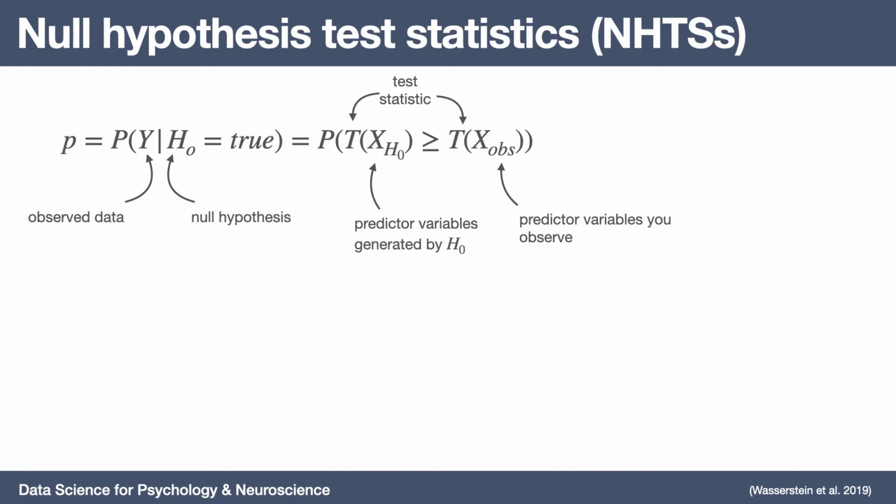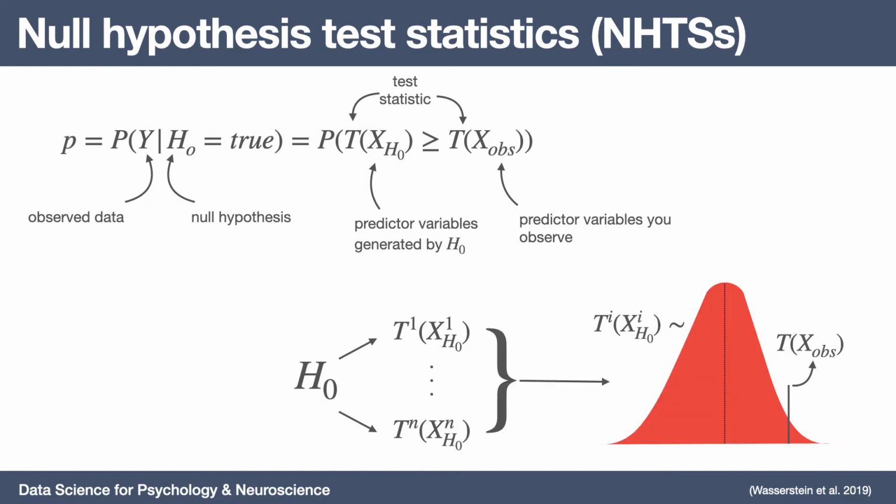And again, in a hypothetical world where the null hypothesis is true, if you run the same experiment multiple times, you'll get data generated under the null. You'll get a test statistic. You do that n many times, thousands, millions, billions, trillions. You'll get a distribution of these test statistic values, which reflect the distribution of values of that test statistic under the condition that the null hypothesis is true.